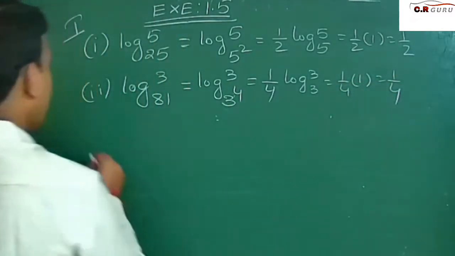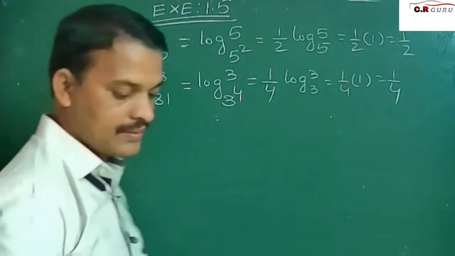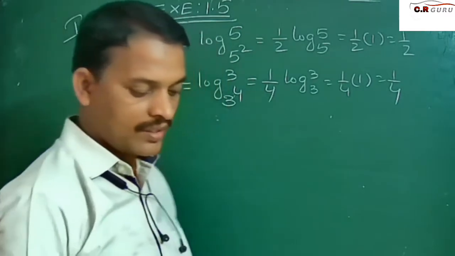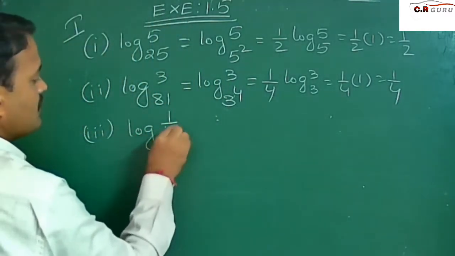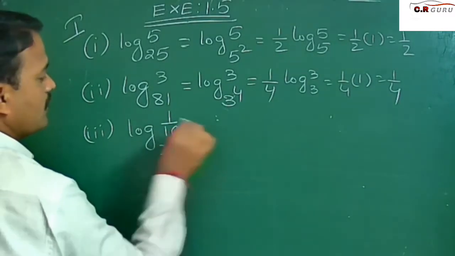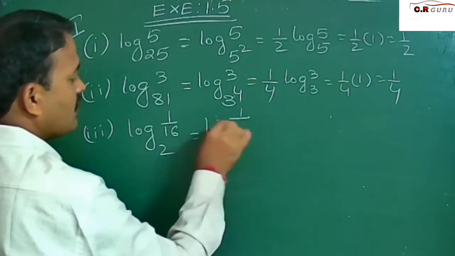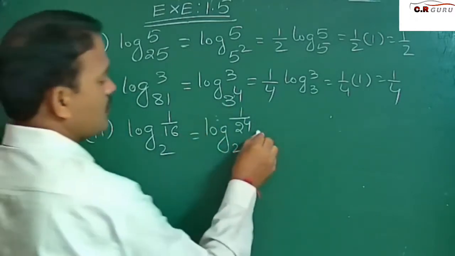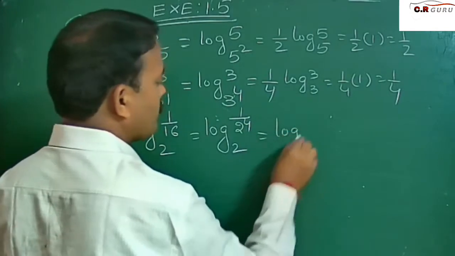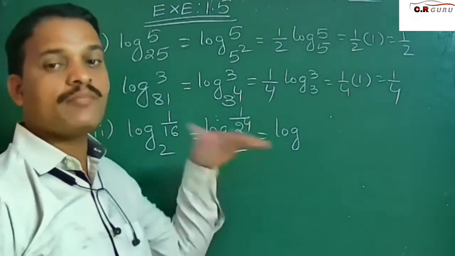Similarly, the third sum is log of 1 by 16 base 2. Log of 1 by 16 can be written as 2 to the power of minus 4 base 2, since in exponents 1 by a to the power of m equals a power of minus m.